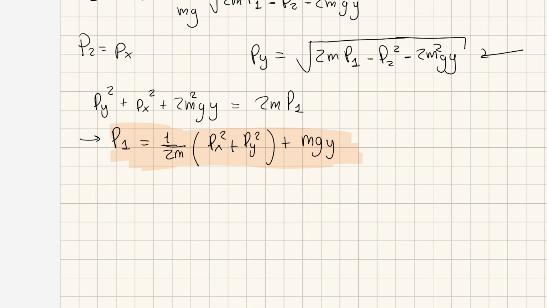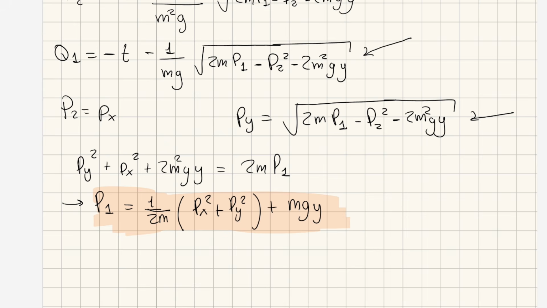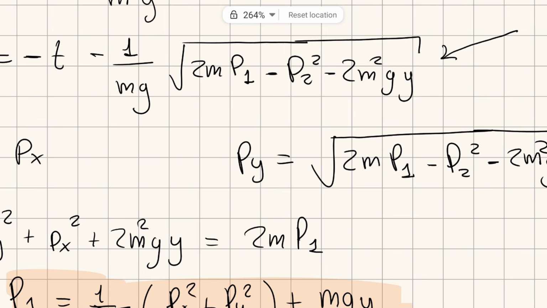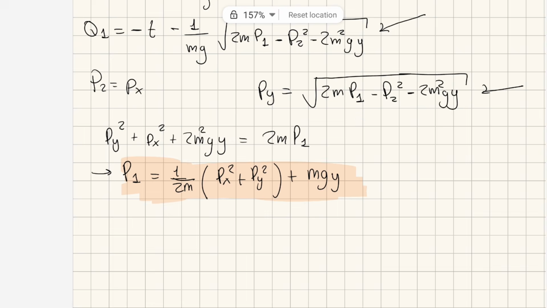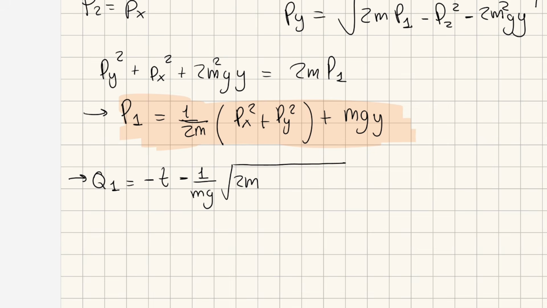So with this value that we just found, we can find this q1 that we have here, because we know what p1 is, we know what p2 is, so we are going to substitute those values into that expression. So we are going to get that q1 is equal to minus t minus 1 divided by mg, the square root of 2m p1, where p1 is what we just found, which is 1 divided by 2m times px squared plus py squared plus mgy.